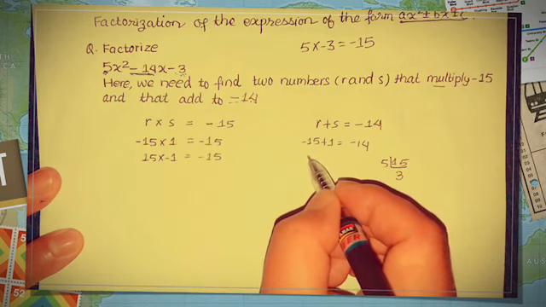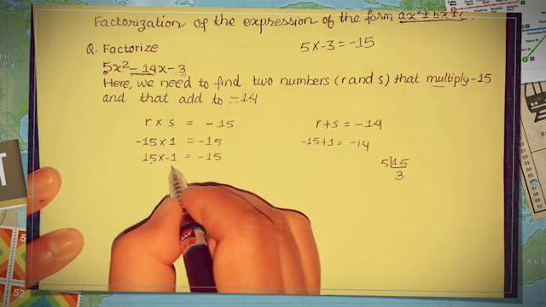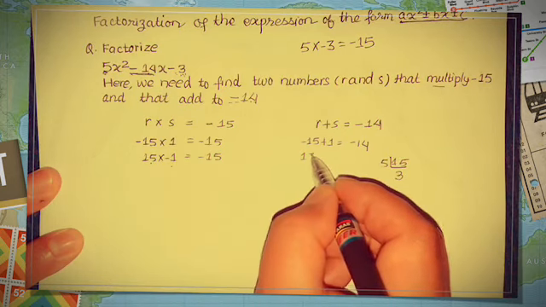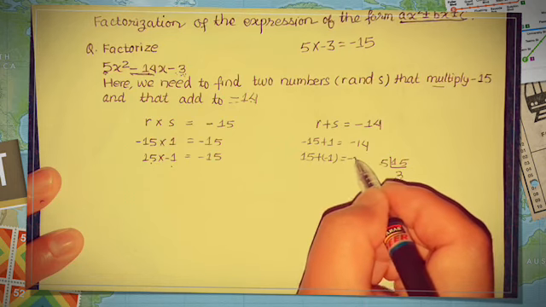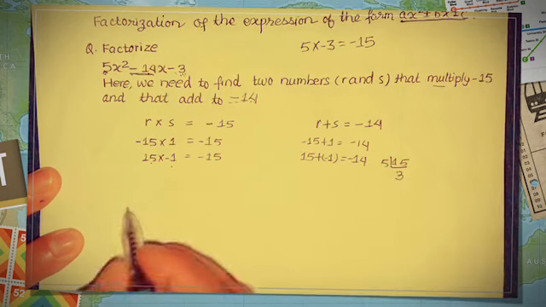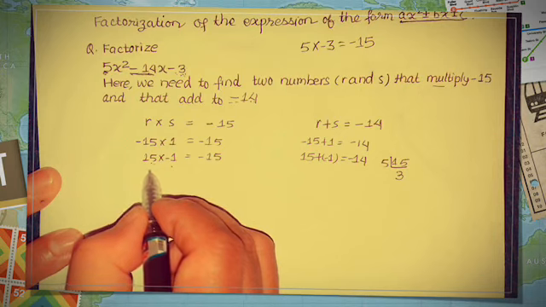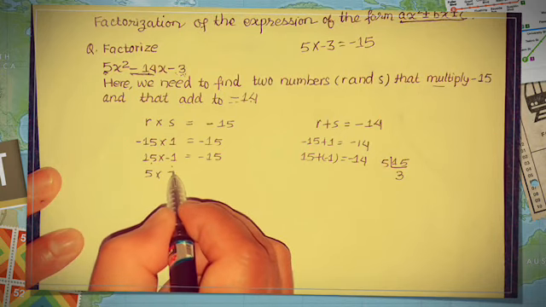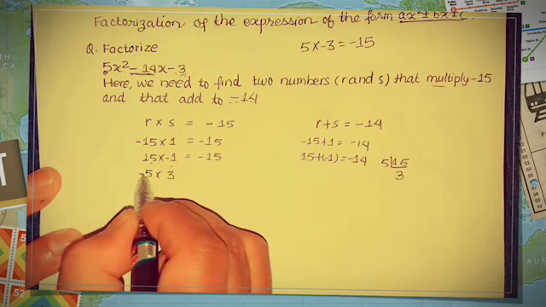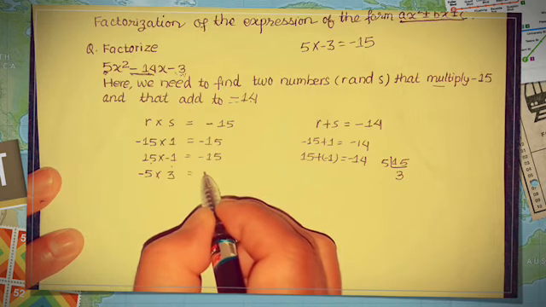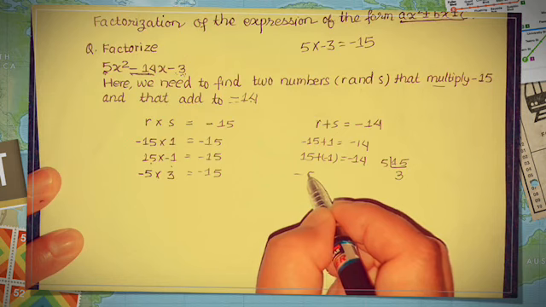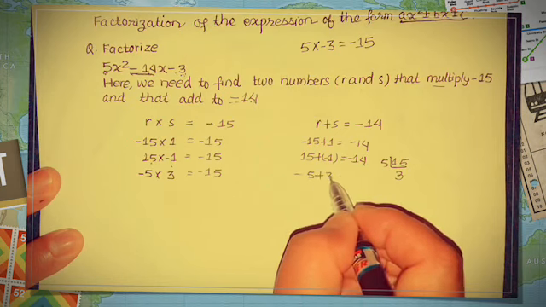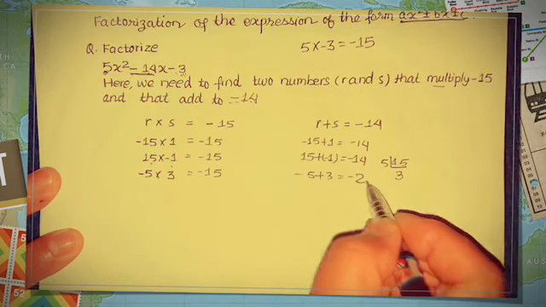For the second condition, the sum should be minus 14. Another is 5 and 3, but one of the numbers should be negative, so minus 5 and 3 gives minus 2.